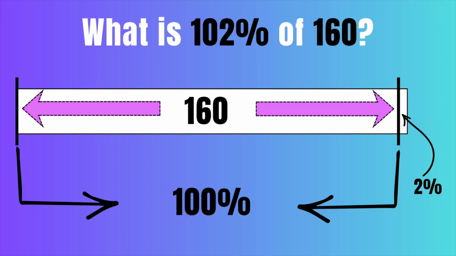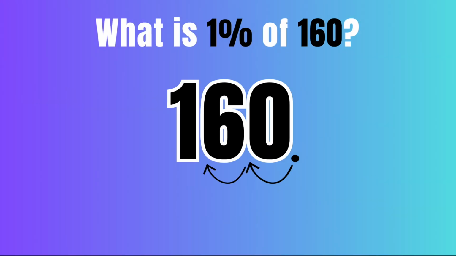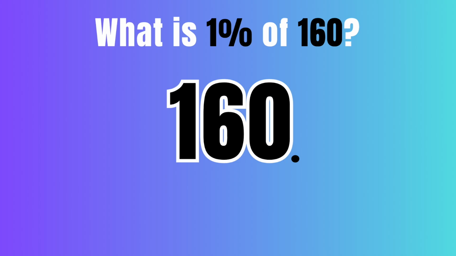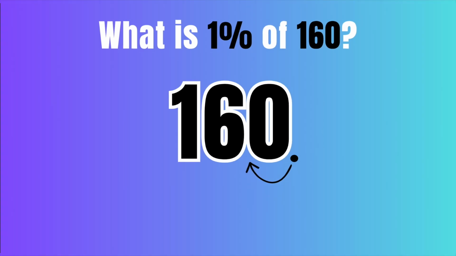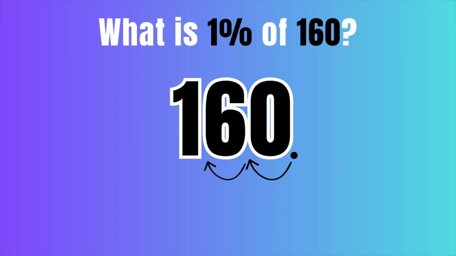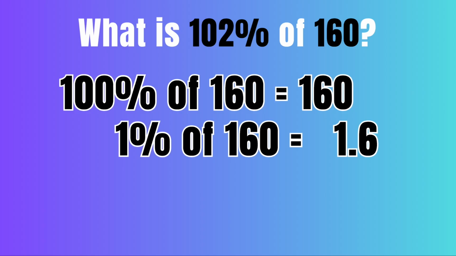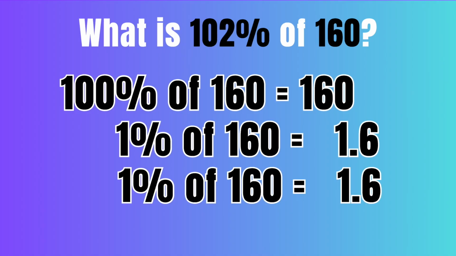So we're looking for 102% of 160. So we need to figure out what is 1% of 160. Double that and add that to 160. So we know how to do that because we know the 10-5-1, 10%, 5%, 1%. So 1% of 160 is equal to, let's see here. Remember the decimal is right here, even though we can't see it. Now we move it over 1 spot. That's 10% of 160. So 1% is divided by another 10. It'd be 1.6. Okay, now we need to find another 1% of 160 because we're looking for 102% in all, which equals 1.6.